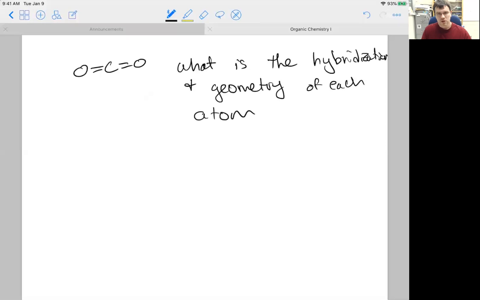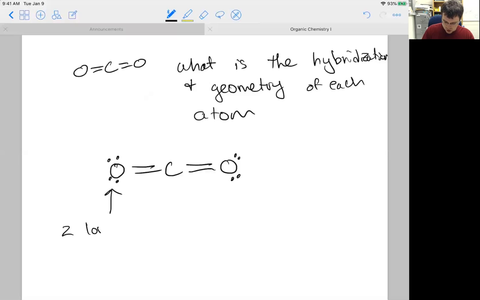Okay, so what is the hybridization and geometry of each atom in carbon dioxide? Well, what we're going to do is for each atom, we're going to count the things. The oxygen atoms are the same in either case. They have 2 lone pairs plus 1 atom. That's going to be 3 things.